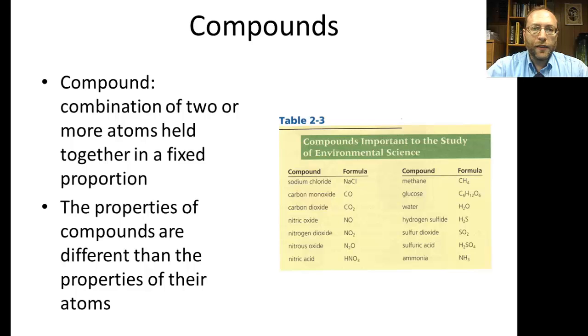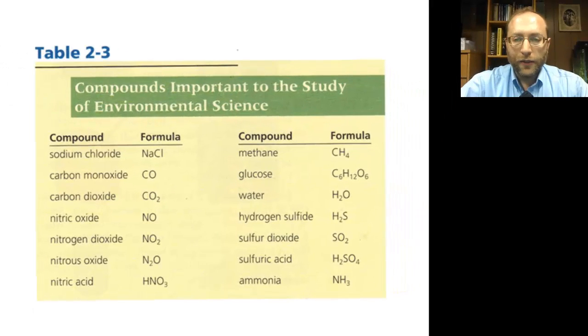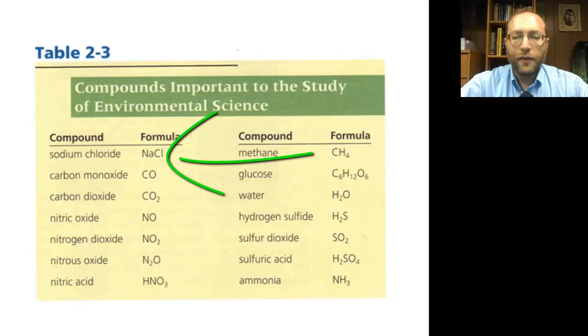A compound is a combination of 2 or more atoms held in fixed proportion. Properties of compounds are different from the properties of their atoms. Over here we have compounds that are important in environmental science. Let's look, for example, at sodium chloride, the first one here. Sodium, Na, pure sodium is a metal, and it's a highly reactive metal. If you put that metal into water, it will explode.